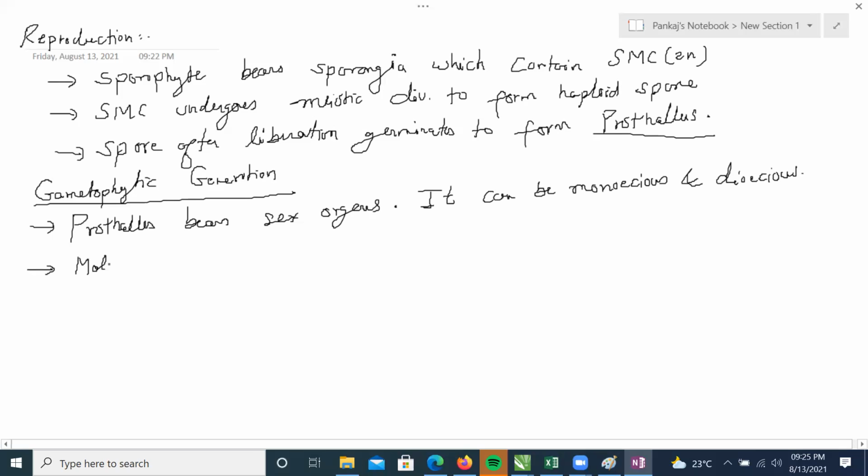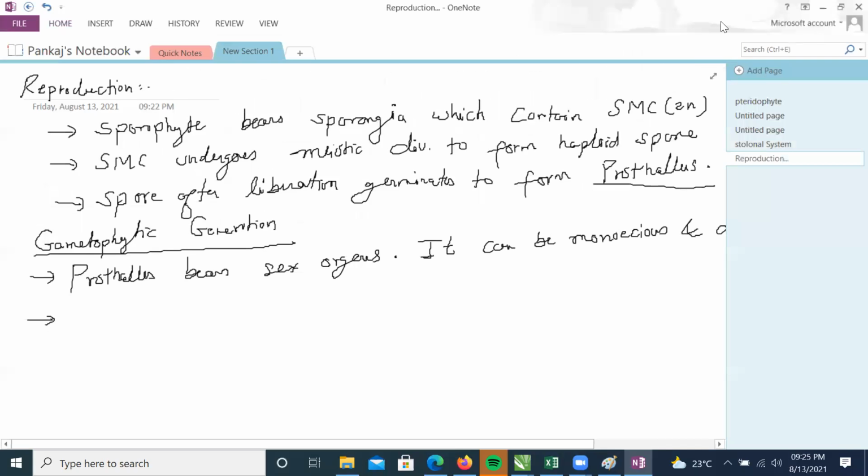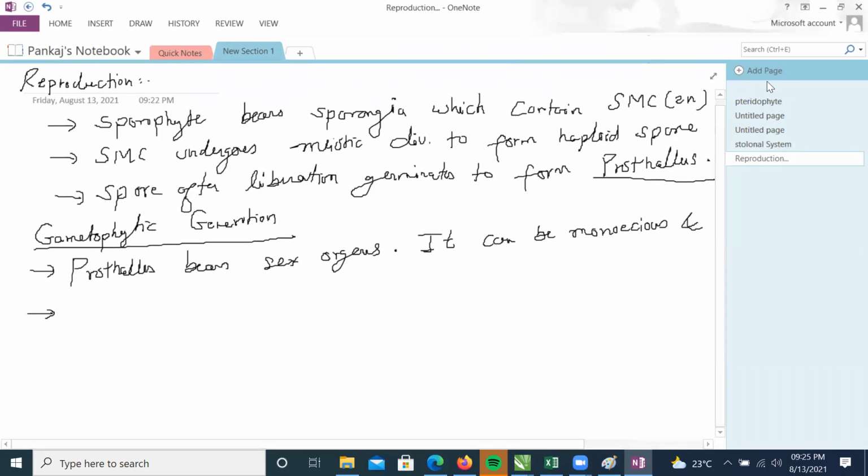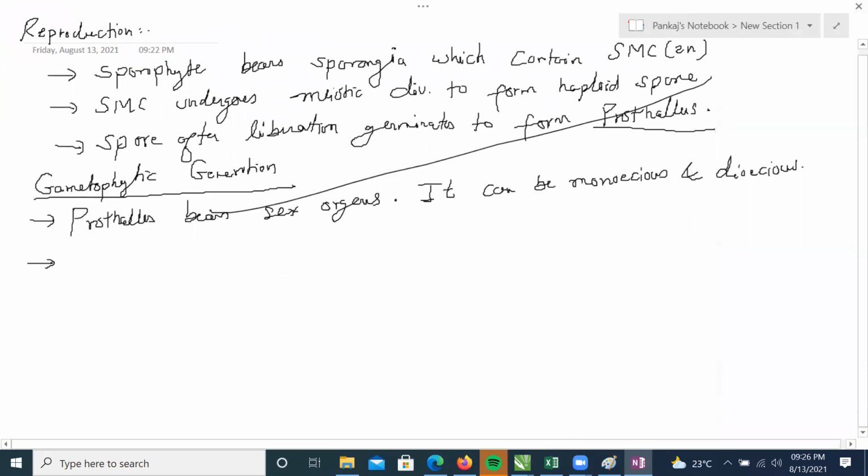Now you see, the sex organs are embedded in the prothallus.